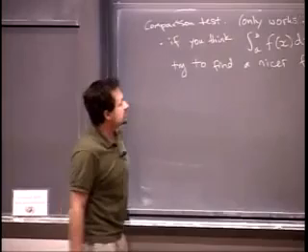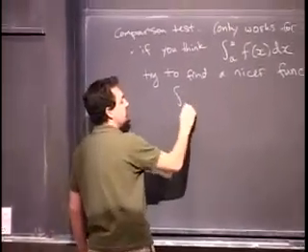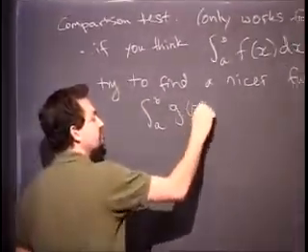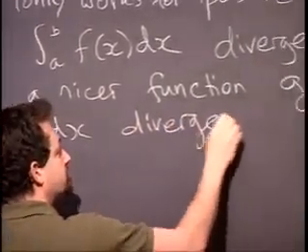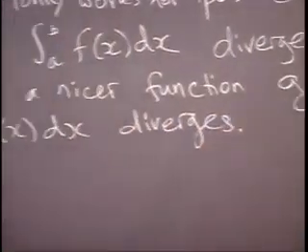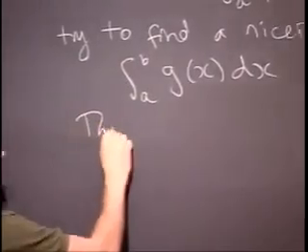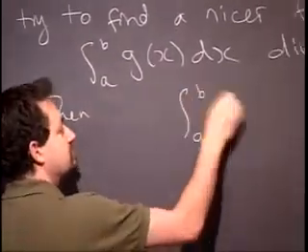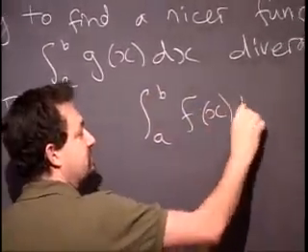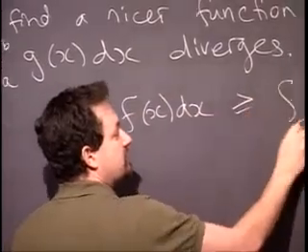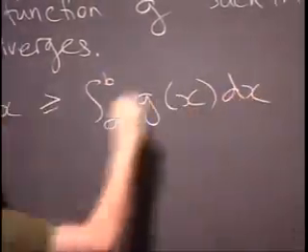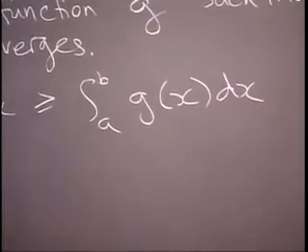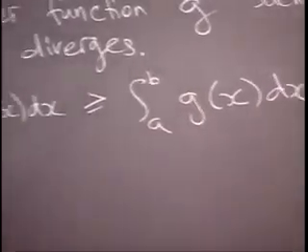Try to find a nicer function g such that the integral of g diverges. So you're comparing it to g. Then the idea is the integral that you want, which is hard to deal with, is bigger than or equal to the new integral, which should be easier to deal with if you've picked g properly.